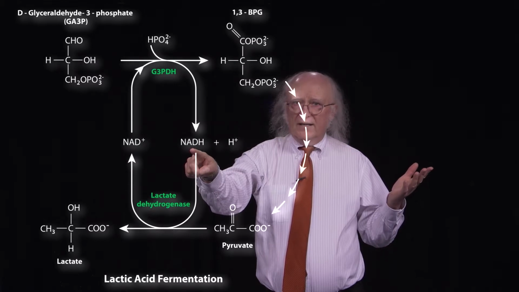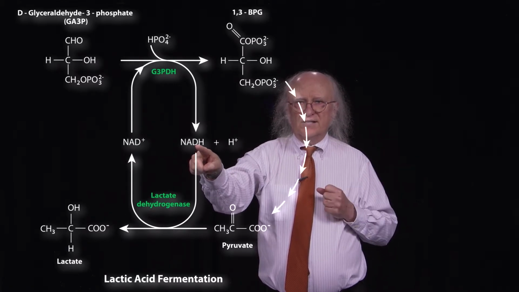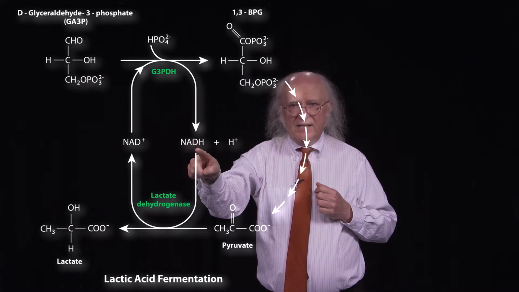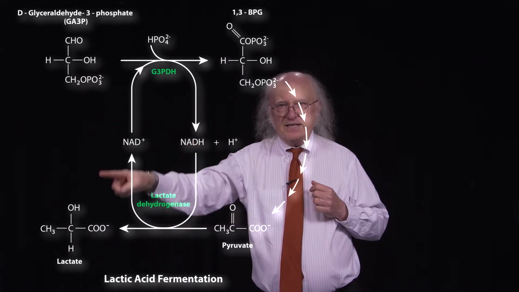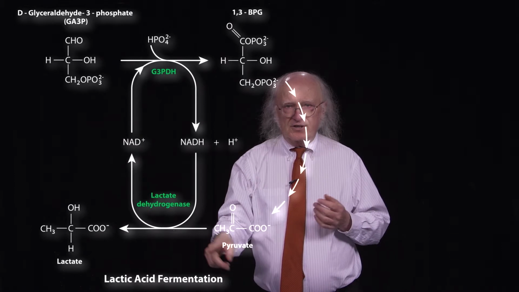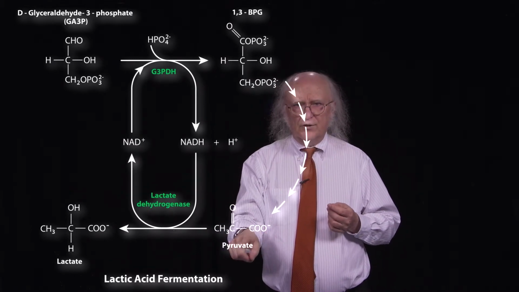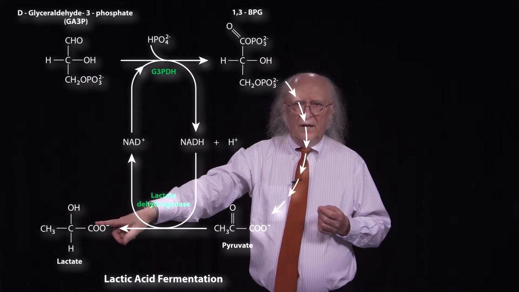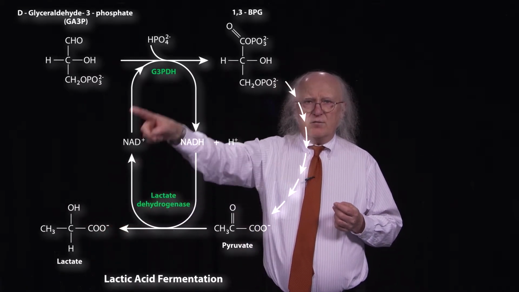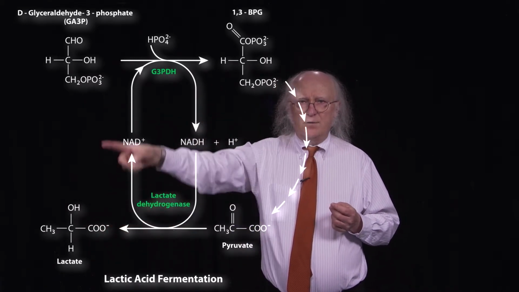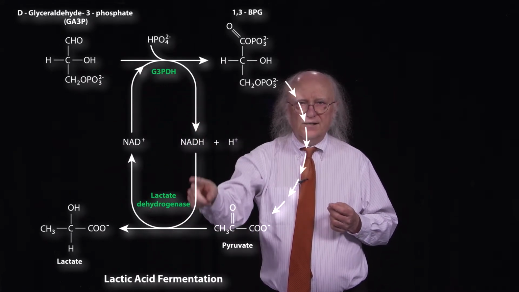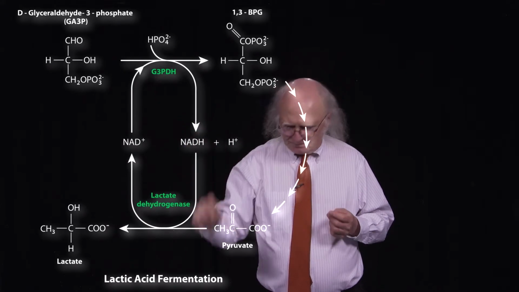And so when electron transport is not available, as I noted, fermentation takes over. We can see in this case that the NADH is converted back to NAD by the process I just described, involving the conversion of pyruvate down here over to lactate over here. As a consequence, NAD is regenerated and glycolysis can keep going as a result of this cycle between glycolysis and fermentation.